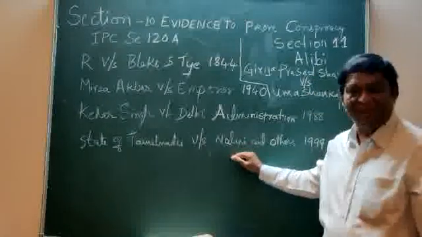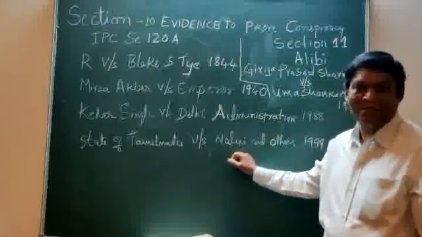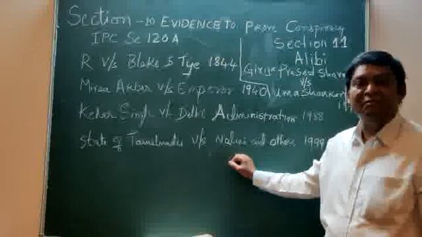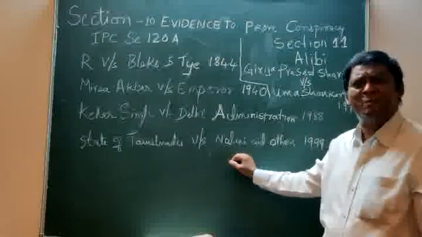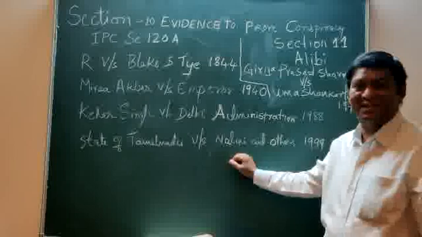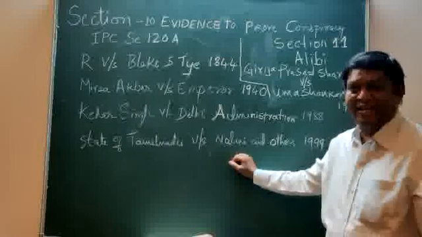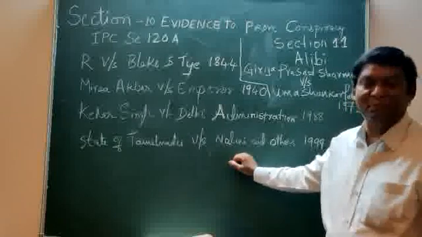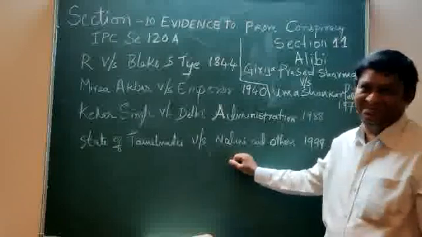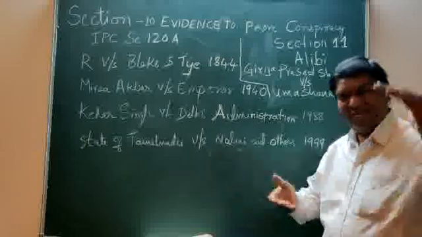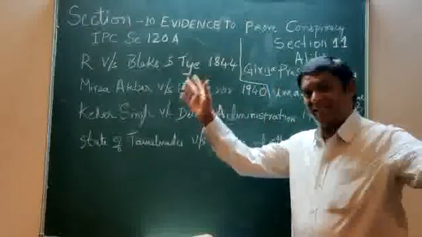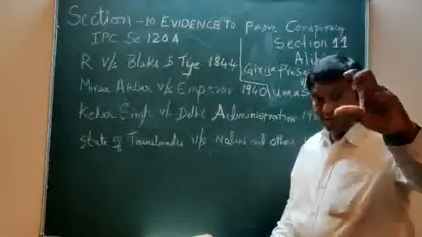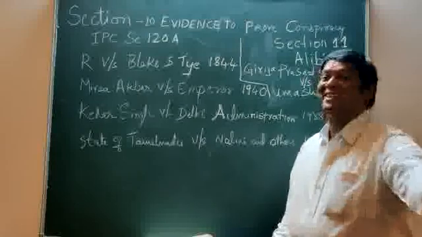And these 21 other people, along with Nalini, were given different periods of imprisonment. Even today, some of them are languishing in the jails of Tamil Nadu. Okay? So you can also reduce this case. You need not explain all the things, only for your knowledge, so that you should not forget the case.